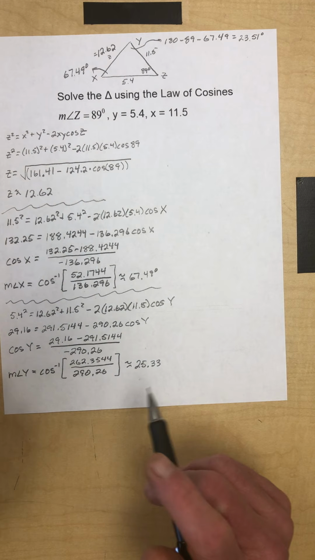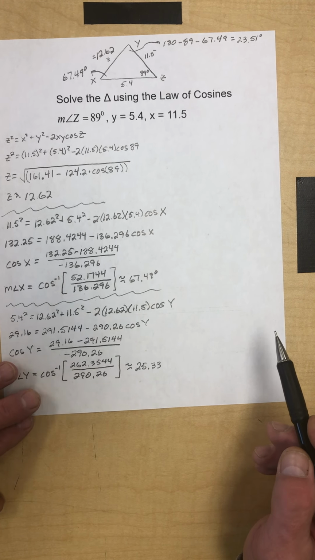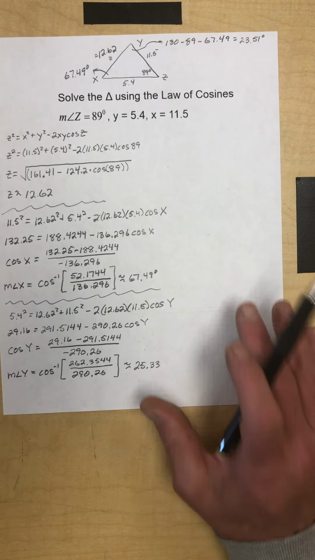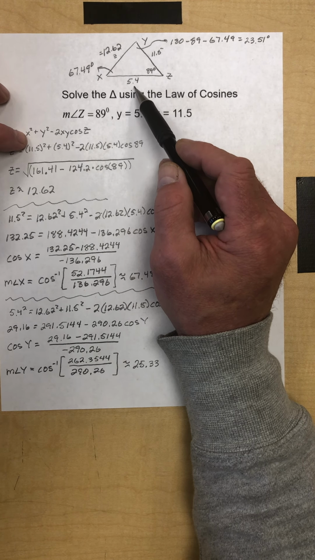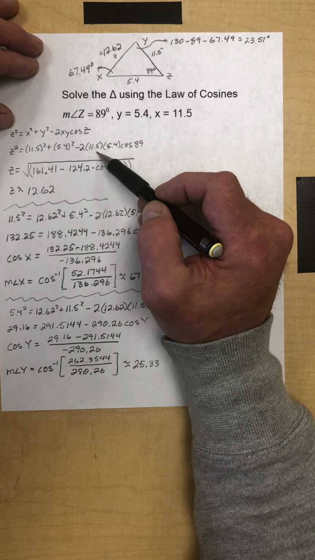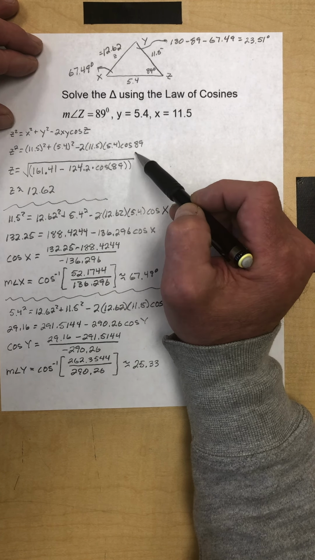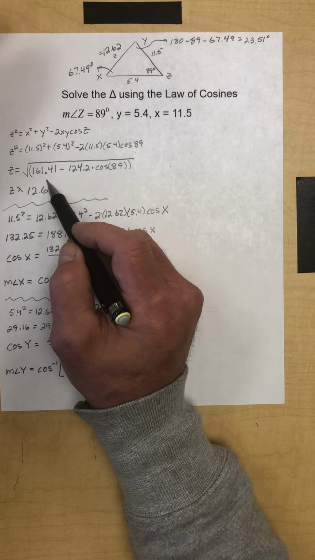Okay, so let's see. Where should I start? Well, I probably ought to go back up here and make sure this 12.62 is correct. We're doing little z squared. So little z squared equals 11.5 squared plus 5.4 squared minus 2 times 11.5 times 5.4 times the cosine of 89. Okay, so let's make sure I got this done.